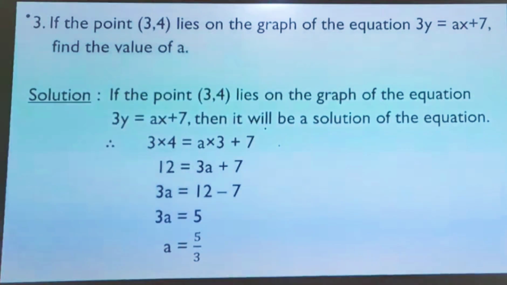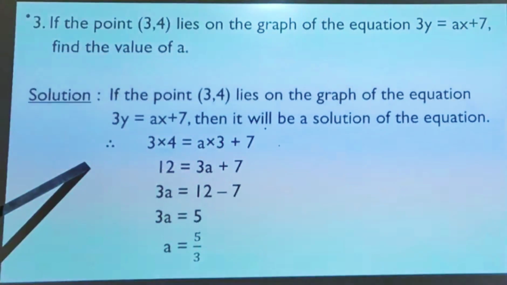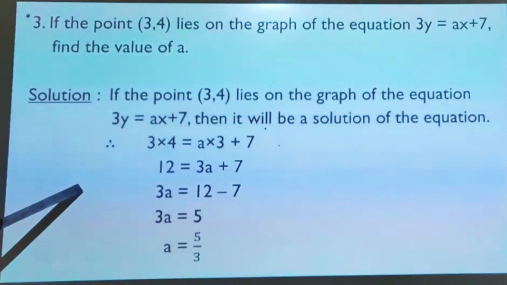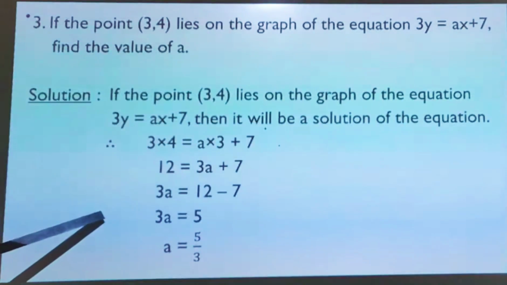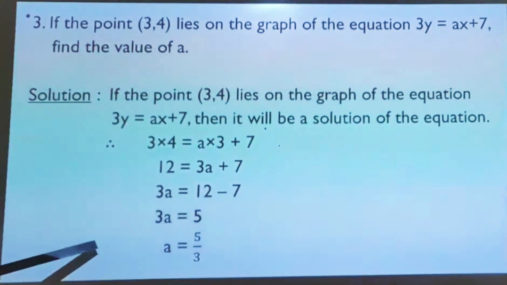So we use the same and find the value of a. If the point (3, 4) lies on the graph of the equation 3y equal to ax plus 7, then it will be a solution of the equation. Therefore, we insert the values of x and y coordinates, so we get 3 into 4 equal to a into 3 plus 7, that is 12 equal to 3a plus 7, that is 3a equal to 12 minus 7, that is 3a equal to 5, that is a equal to 5 upon 3.